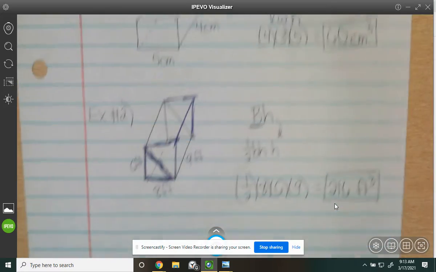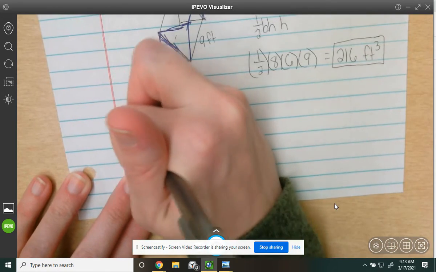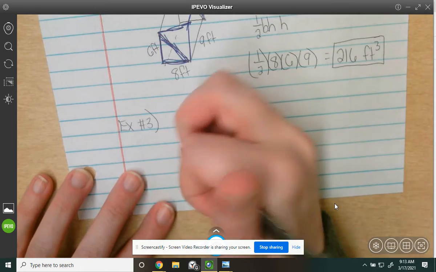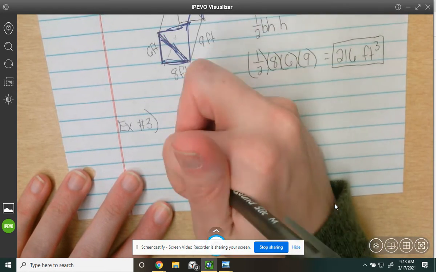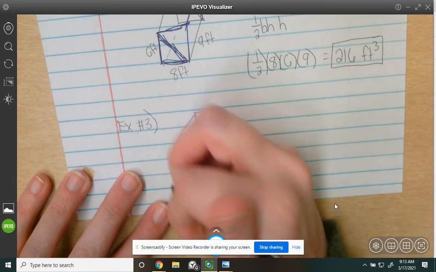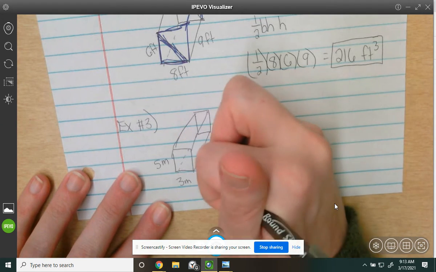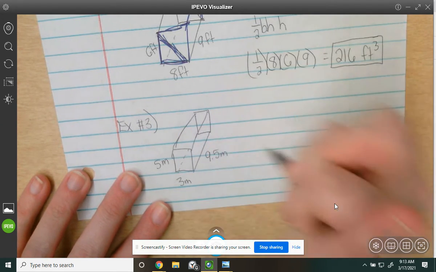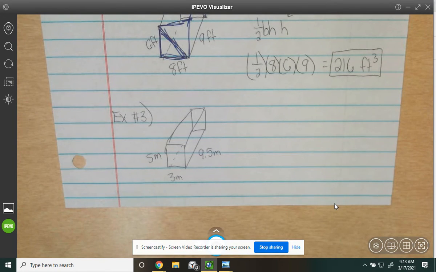Okay, so let's do example 3. I want you to try just a couple of these on your own to see what you're getting. 5 meters, 3 meters, and 9.5 meters. Okay, so I want you to find the volume of that.